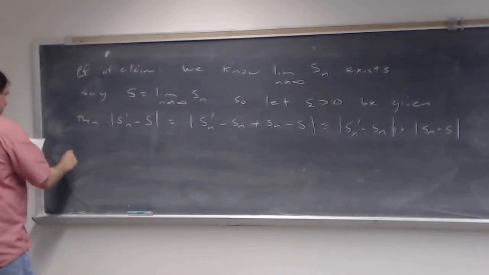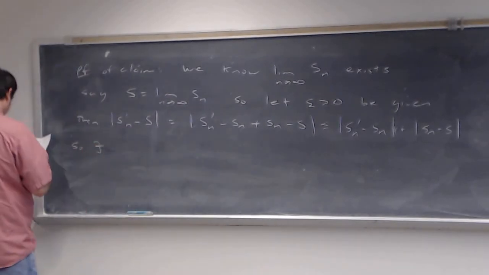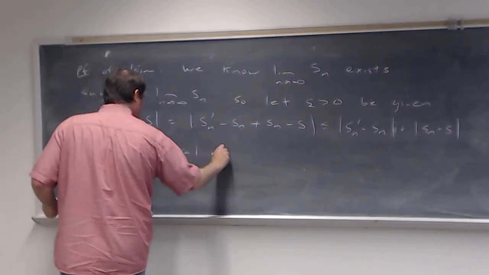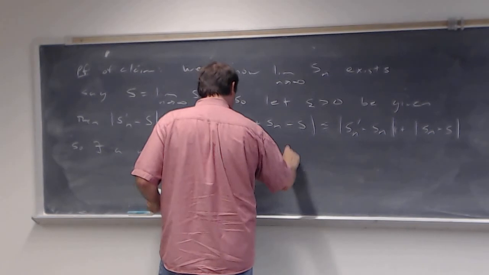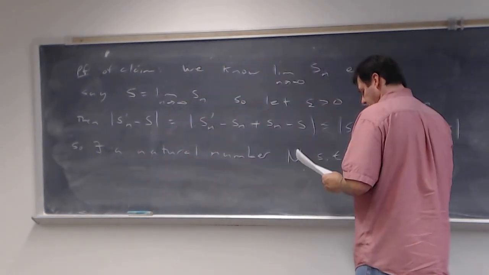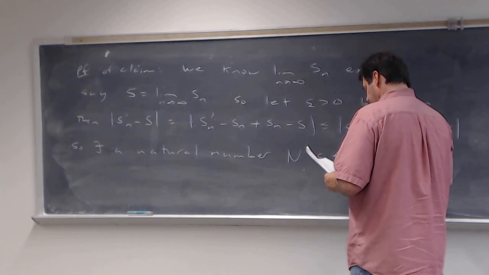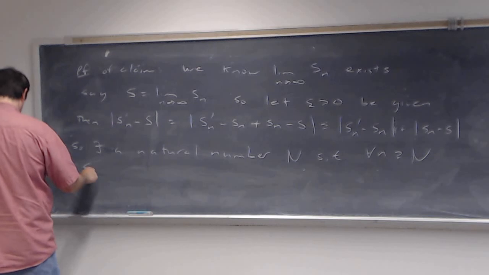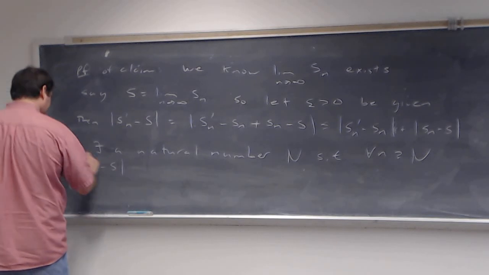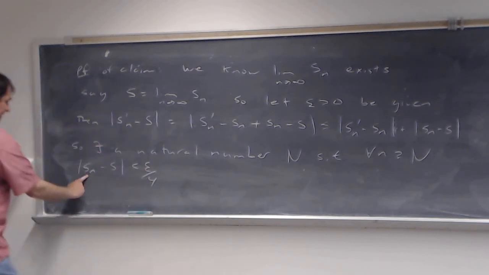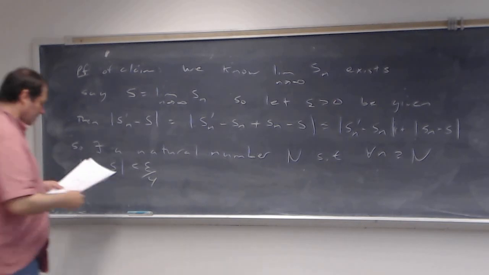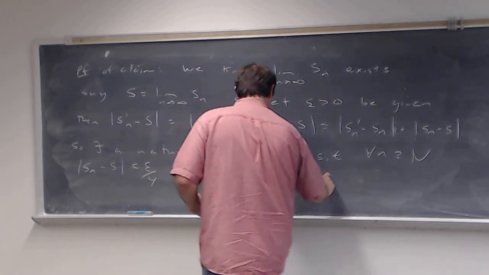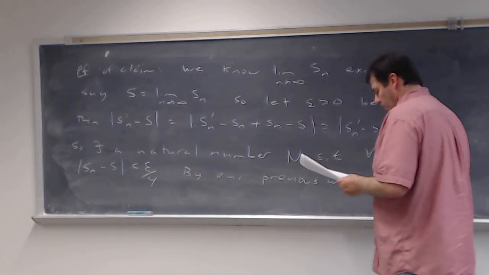So there exists a natural number big N such that for all n bigger than or equal to big N, the norm of S of n minus s will be less than epsilon over 4. That's because this sequence converges to s. By our previous work, for this proof, we were given epsilon greater than 0.